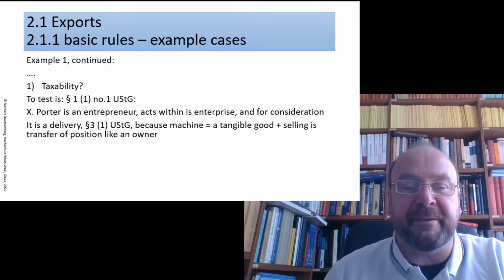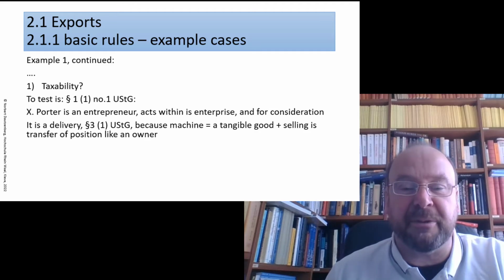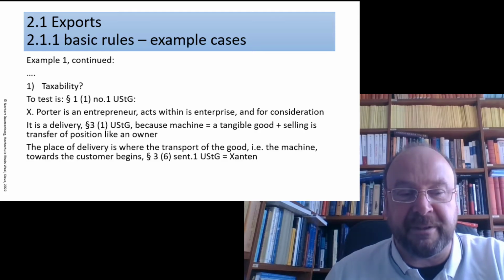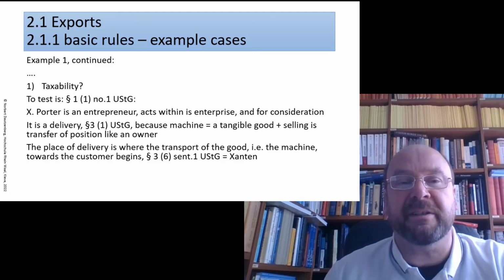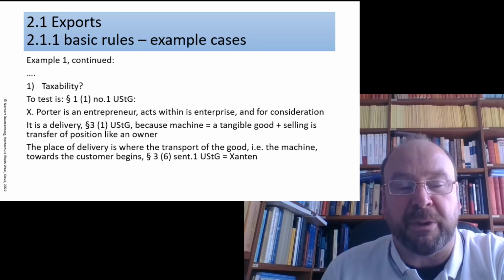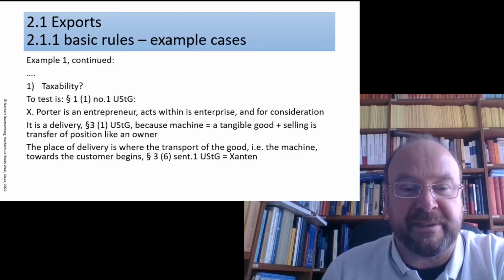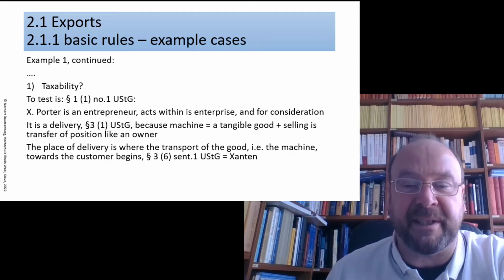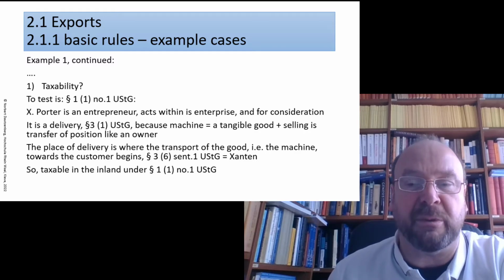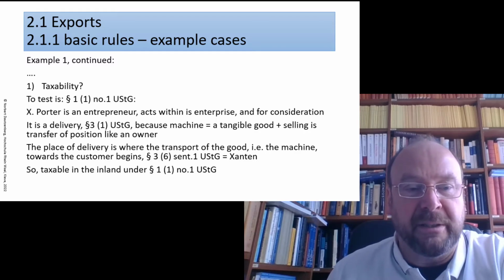It's evidently a delivery because a machine is a tangible good and selling the machine is transferring the position like an owner to the customer. So we have a delivery, and so we only still need a place of delivery. That is where the transport of the goods towards the customer begins. 3.6 sentence 1, that is in Germany and that is taxable. So in the inland under 1.1 number 1.